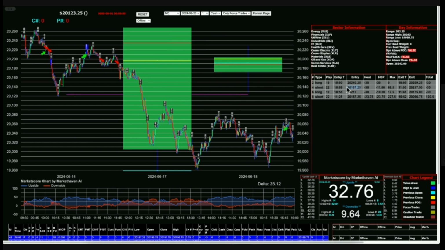Even if you didn't get in right there and you wanted to see a little bit more continuation, the bottom of this trade goes all the way down to the 20,118 from the 200. So even if you got in at the 75, that's still a 30-point trade. But if you did get into the 20,200, you're getting 60 points out of that trade.